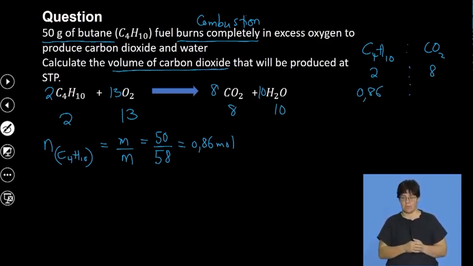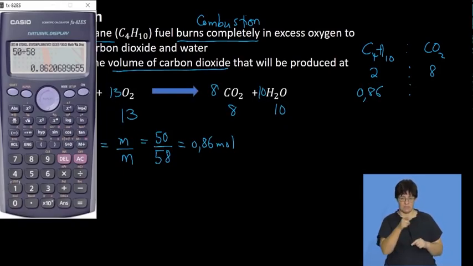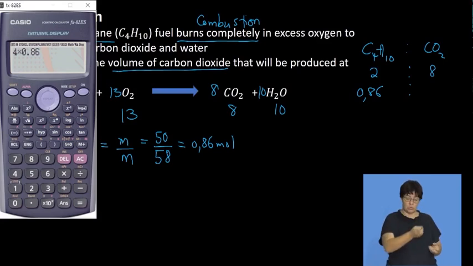So it's going to be 4 multiplied by 0.86. Where are we getting the 4? If 2 produces 8, it means 1 will produce 4. So we get a decimal fraction of 3.44 moles.